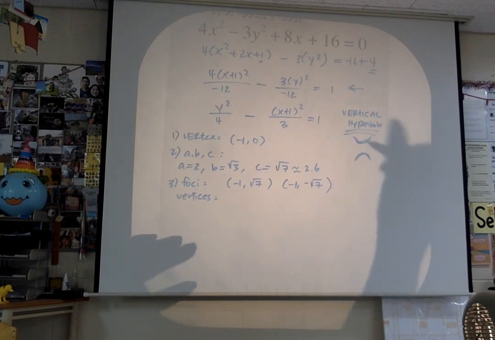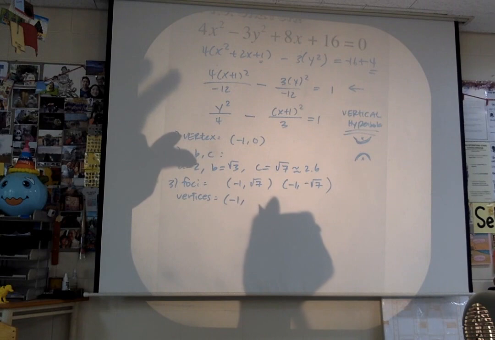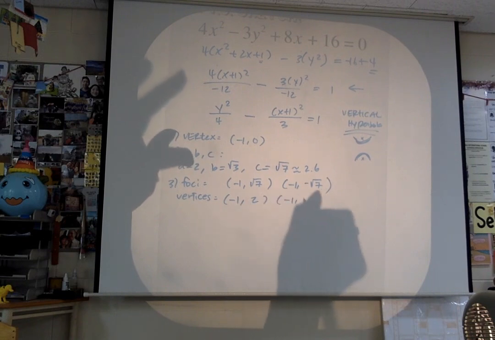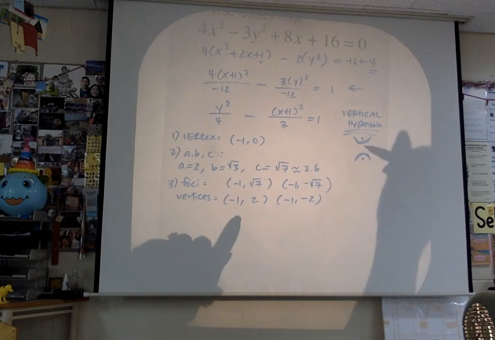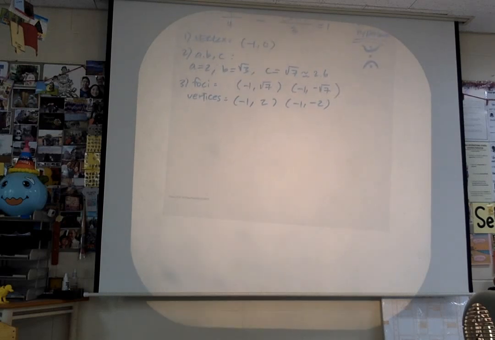Okay, because it's going to go the opposite direction. So here and here. C value, right? Okay, now your vertices are going to be negative 1, 2 and negative 1, negative 2. So you're going to start here, which is negative 1, 0. I'm going to graph it exactly in a sec, okay? So let's take those values here and let's graph this, okay?